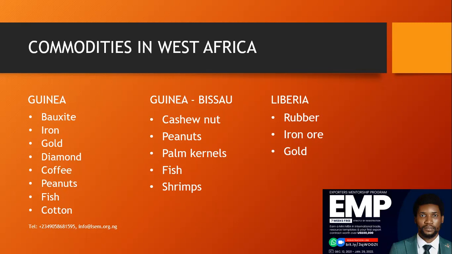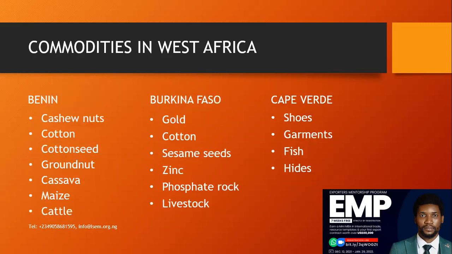Now, for those of us who would trade cashew nuts, for instance, one of the things you might want to do is to look at when the trade season starts for cashew nuts in other countries in West Africa.